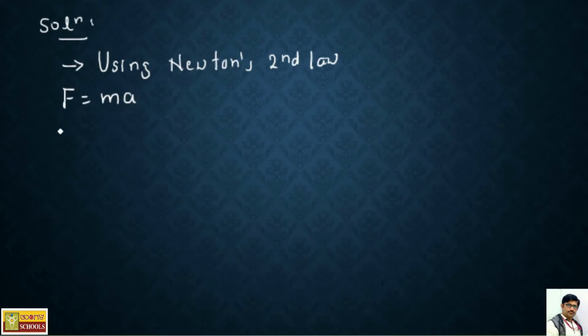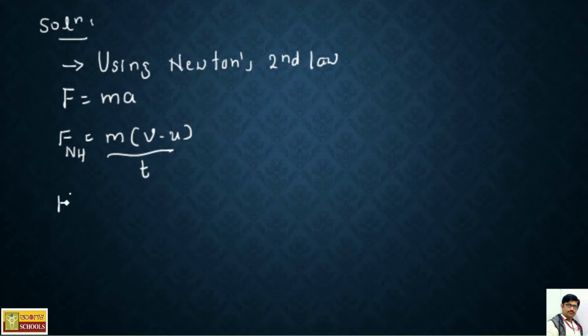It can be written as F is equal to m(v minus u) divided by t. Therefore, I can write this much, then substitute the values. So this equation can be taken with respect to our problem as F_NH.